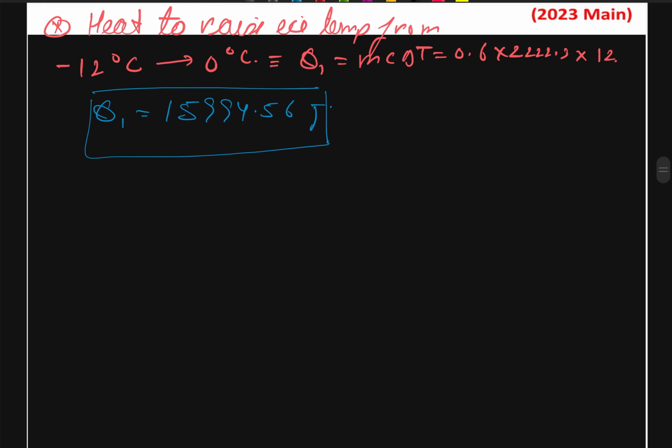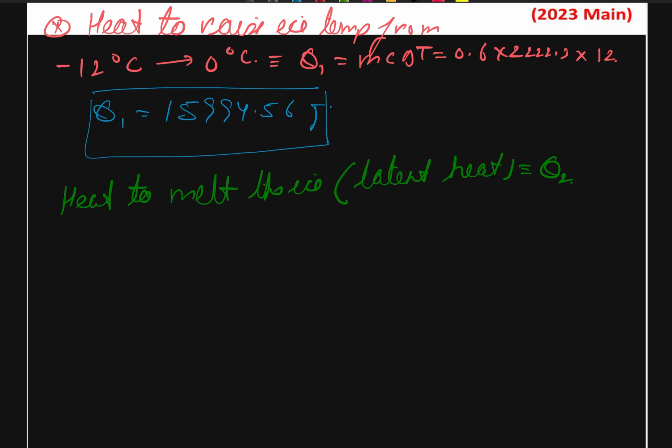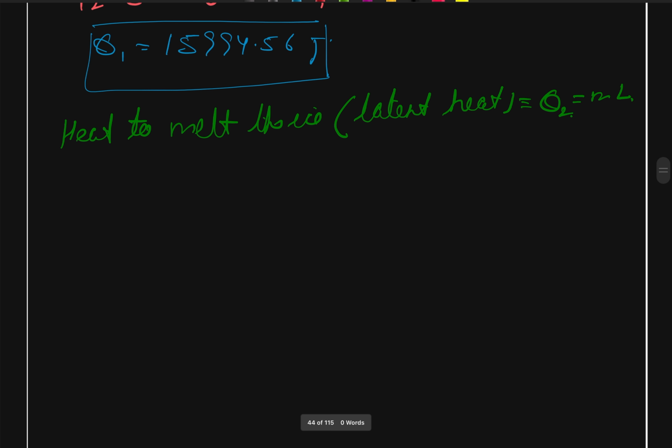Now second part, the heat to melt the ice, which we can also call as a latent heat. And that is our Q2, which will be equal to m multiplied by its latent heat.